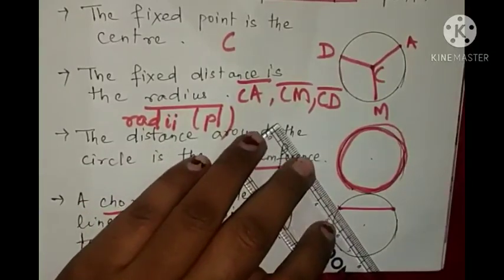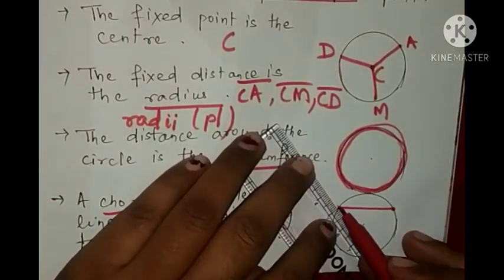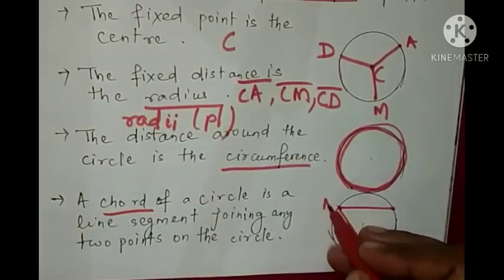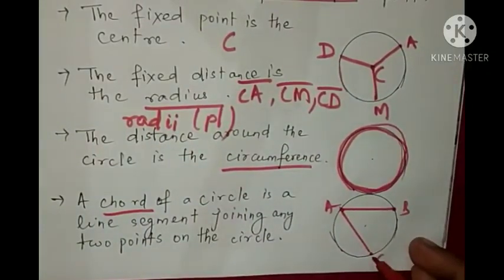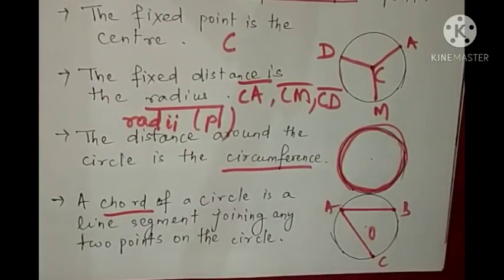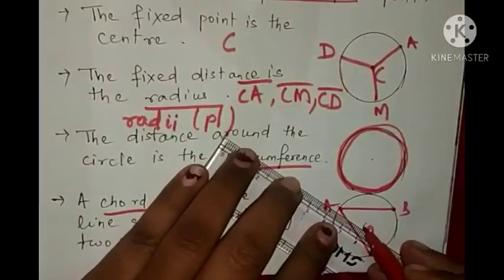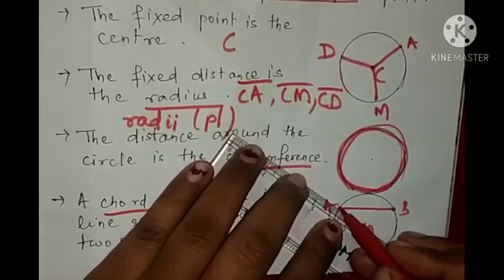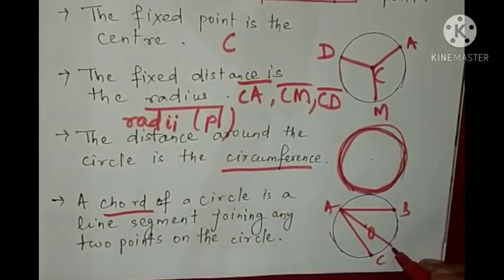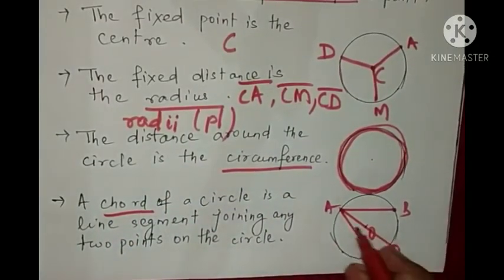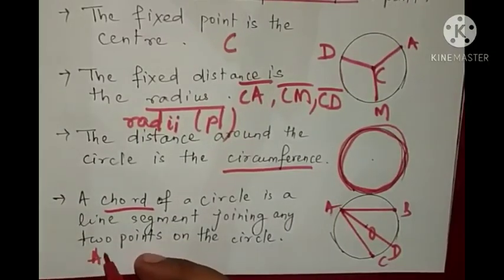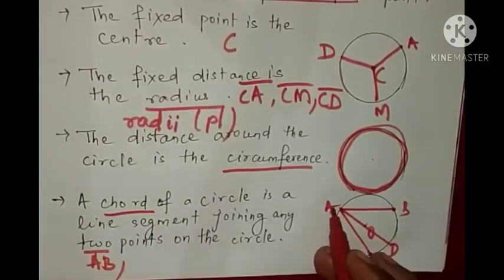Or I'll join this one: A, B, C. The center I am calling O. So here you will see D. So the chords are AB, AD, AC.